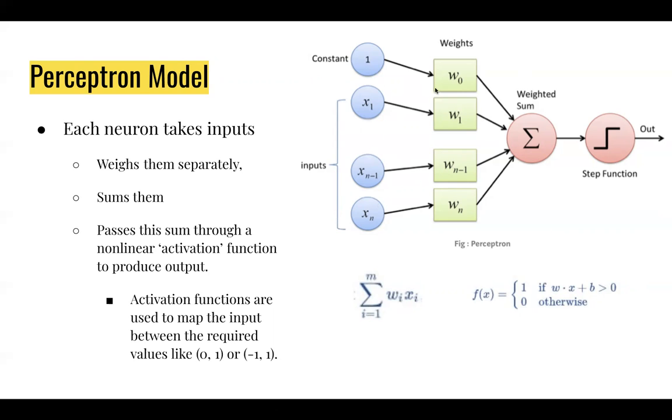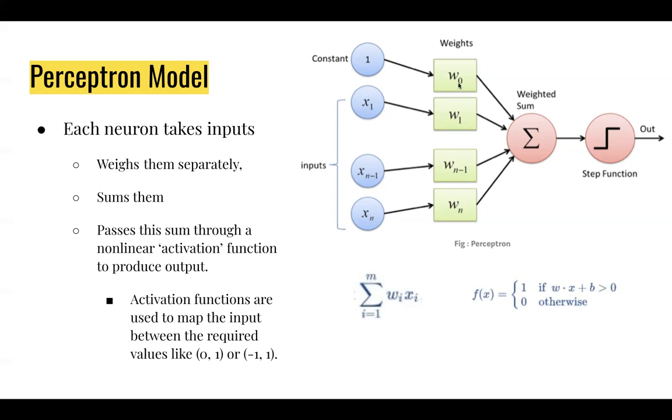You can have a constant, in which case the input is a 1 and there's a weight. You can have variables, either categorical or numeric inputs, and the weights associated with them.